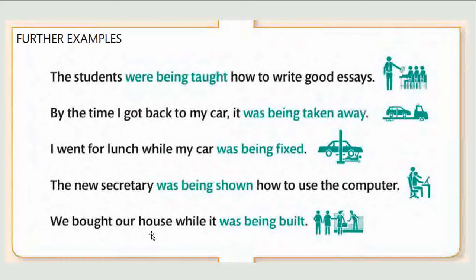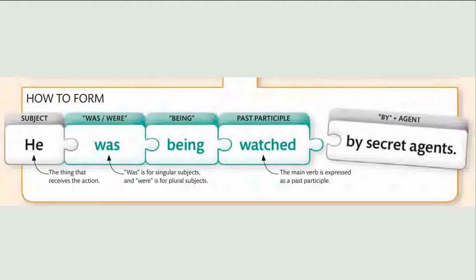We bought our house while it was being built. At this moment, you may pause the video and construct similar sentences using the verb, how it is used in the sentence. And for an advanced challenge, you may construct the active voice and then the passive voice for your own knowledge.